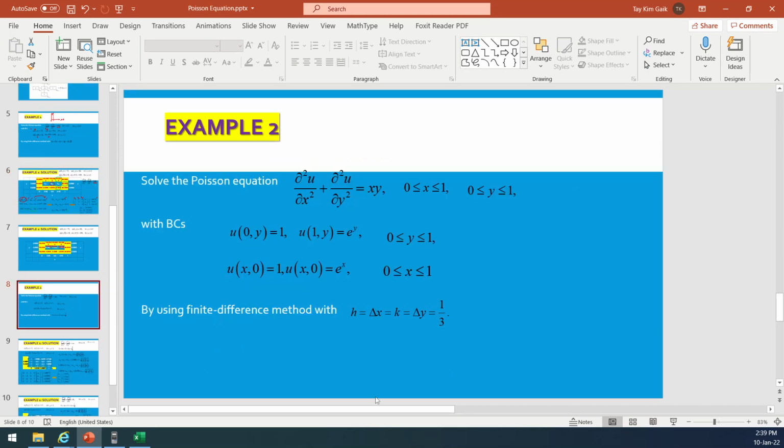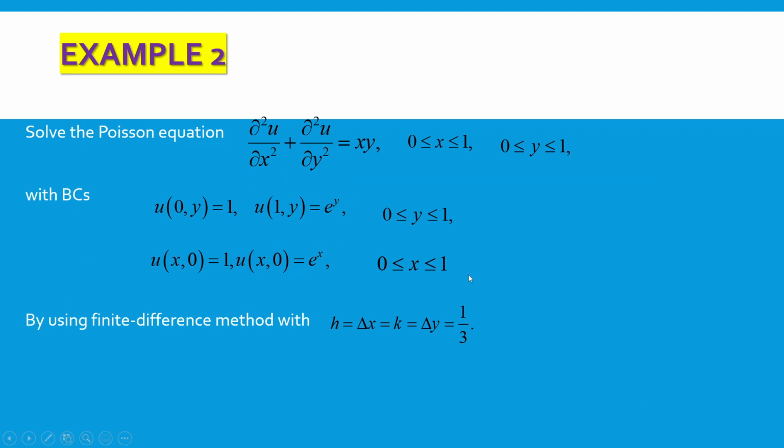Okay, the same thing. Solve the Poisson equation: del 2u del x2 plus del 2u del y2 equal to xy.